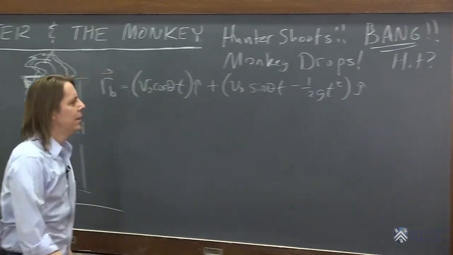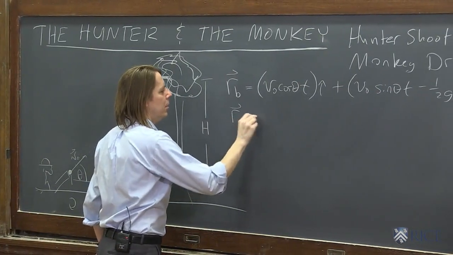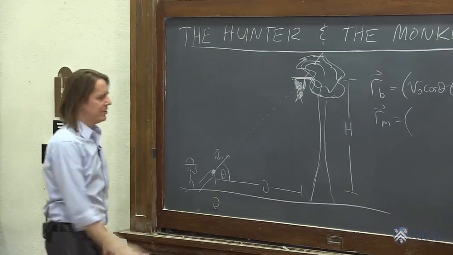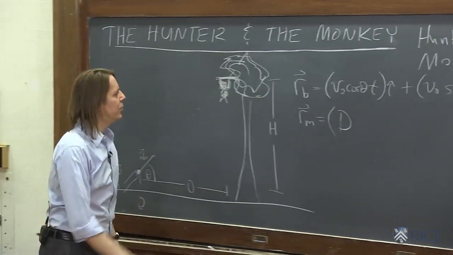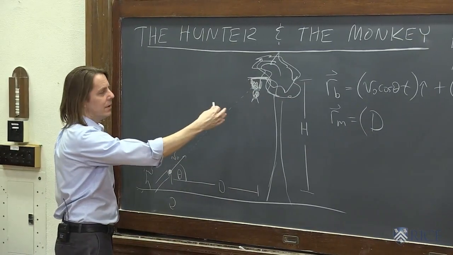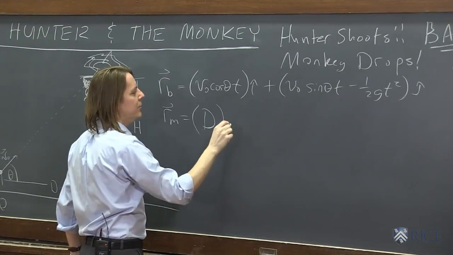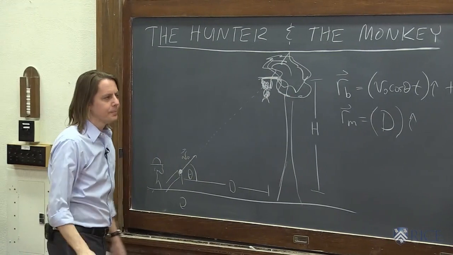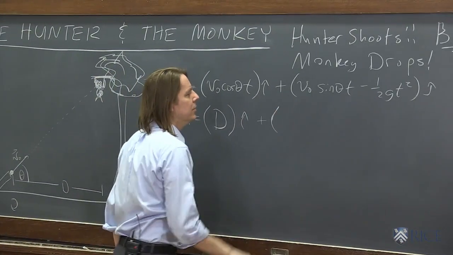J hat. All right, now let's write down the position vector for the monkey. So the monkey's x position starts out at d, and the monkey has no x velocity, it just falls straight down. The monkey has no x acceleration, because there's no reason for there to be one. So the monkey's x position is simply d times i hat. The monkey's y position is what?